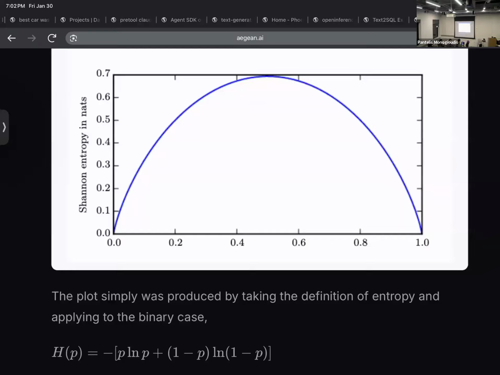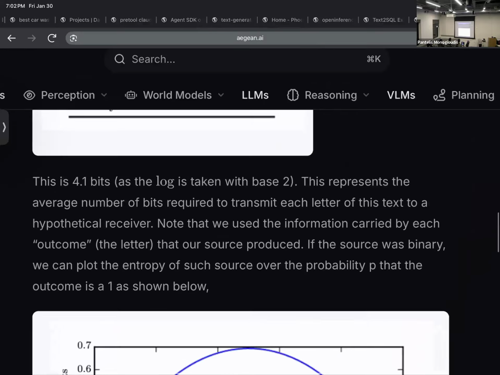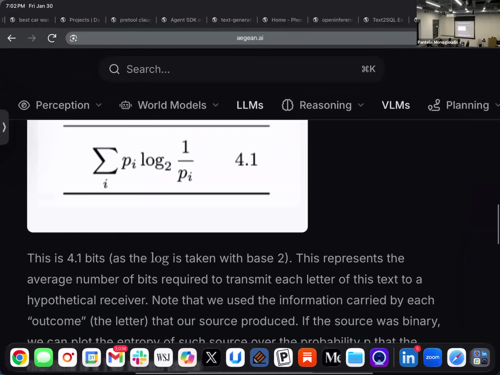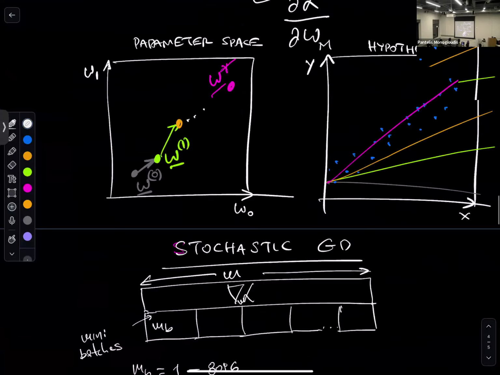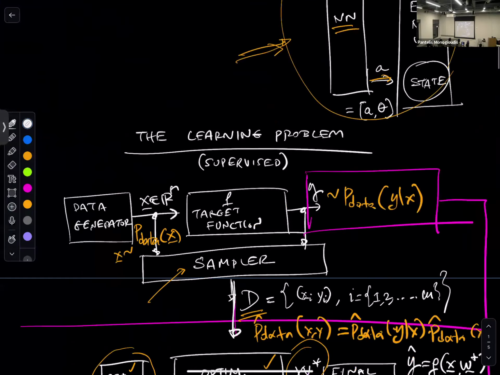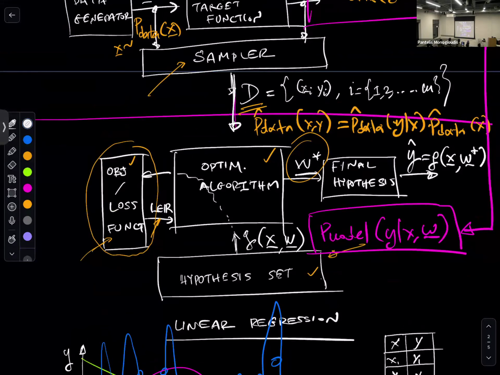So I will present to you the concept of likelihood, which will give us the tool needed to define the loss function. This function over here in the block diagram that we started the whole discussion on, this guy over here. We are going to use entropy and certain other considerations to define this guy.